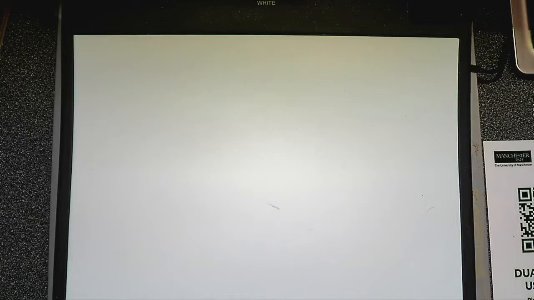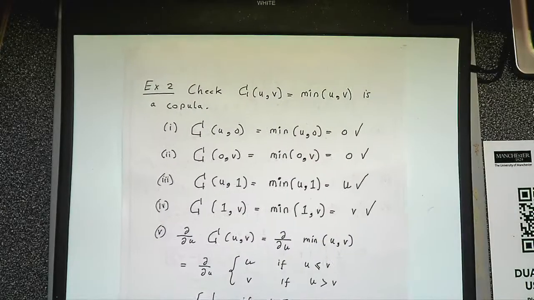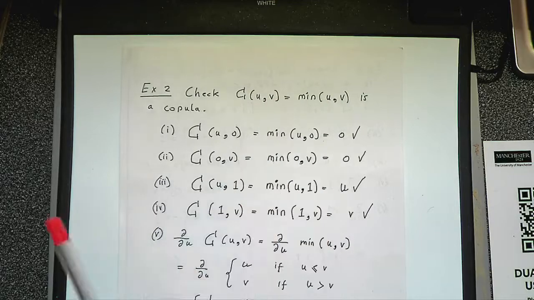The second example I did in the videos is the completely dependent copula, and once again it's easy to see that all 6 properties are satisfied, and hence C is a copula.